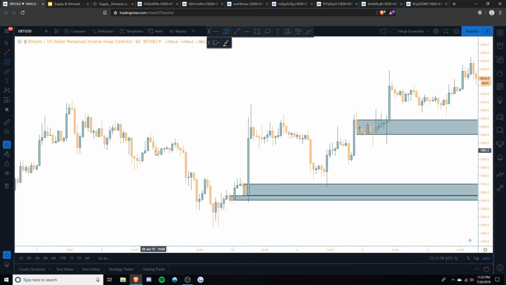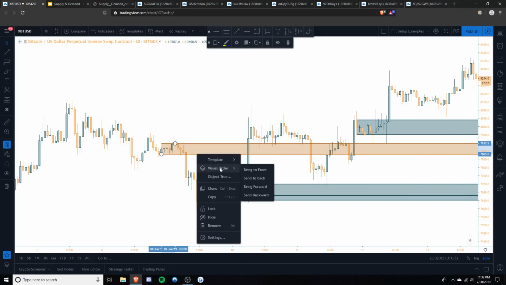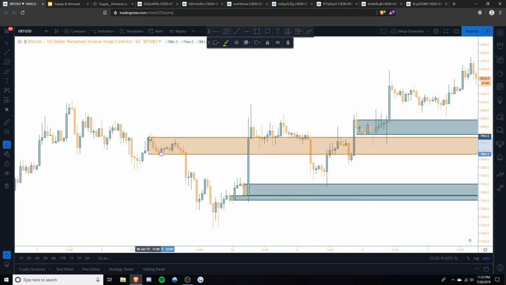So we have this supply zone right here. We see this consolidation. I guess you could say a rally. I don't know, this is kind of just consolidation. You can mark it 2 different ways. You can mark it here or here.